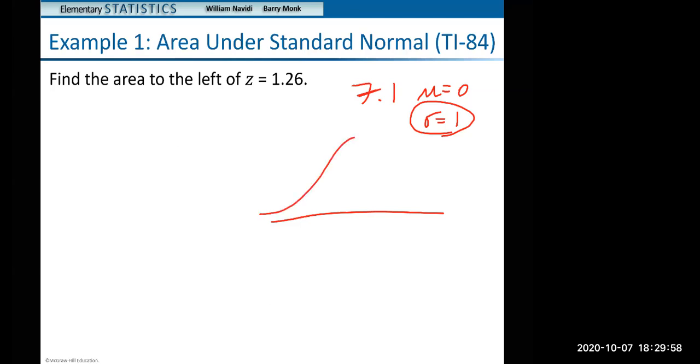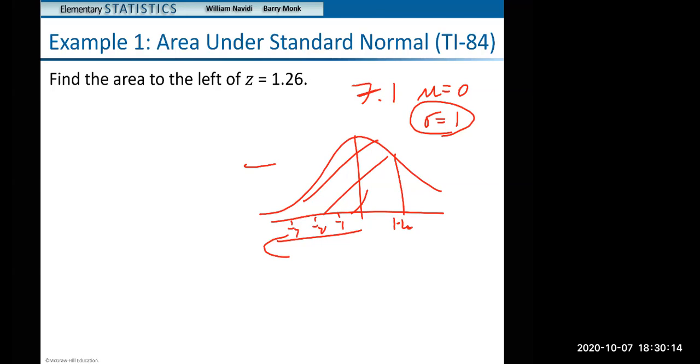Since we're going to the left of 1.26, meaning up to the negative side, here we have negative 1, negative 2, negative 3, right? So to the left, you're going to have a very small number here. Since for 7.1 we're using just 1, negative 9 is fine, or negative 4 or negative 5.